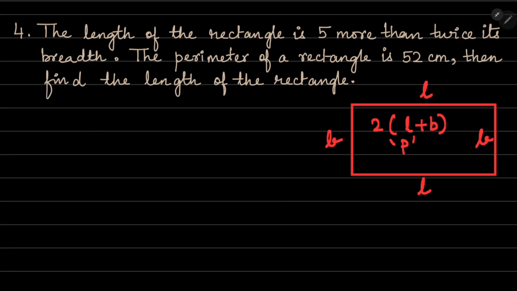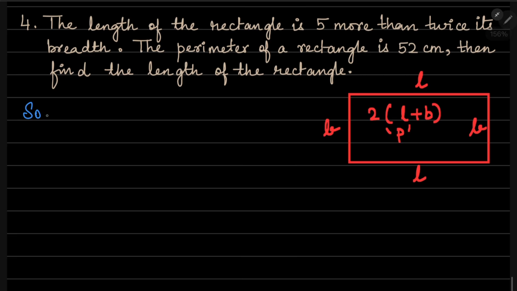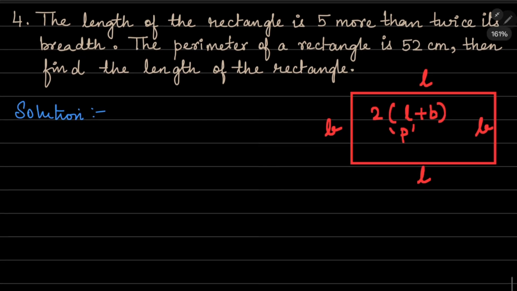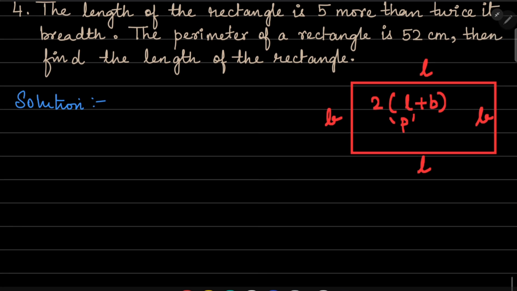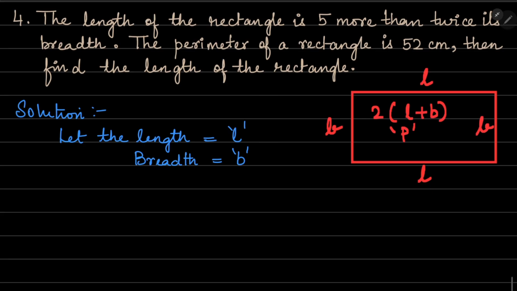Okay, so what is given as the first sentence? So you can write down, let the length be L and the breadth of the rectangle be B. What is the first sentence?